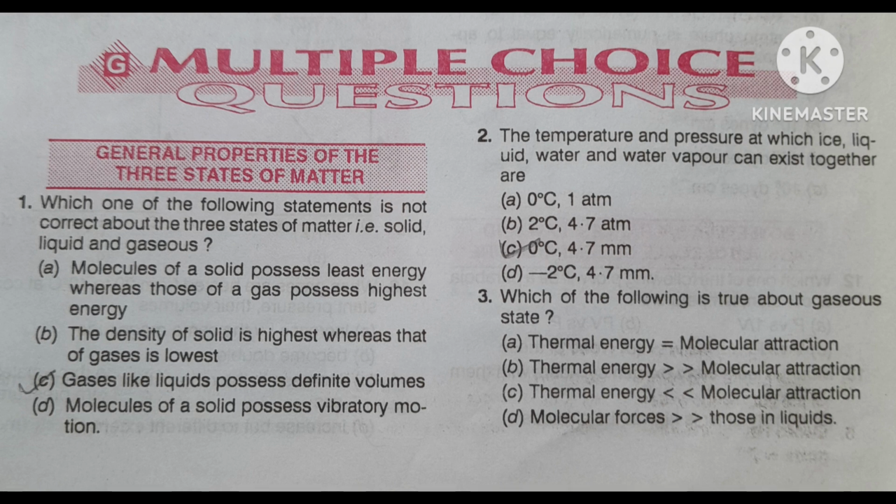Third, gases like liquids possess definite volumes. And D, the last option, molecules of a solid possess vibratory motion. Now we have to tell which one of the statements is not correct about the three states of matter. Just think. After that I will tell the answer and explanation.